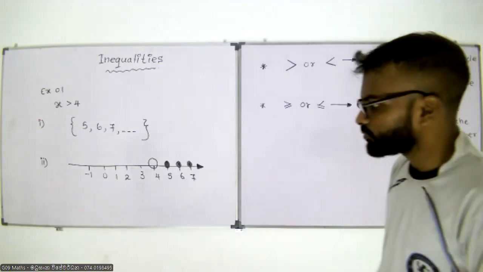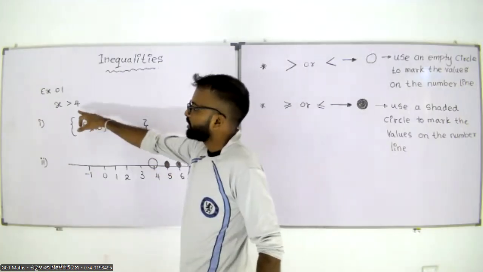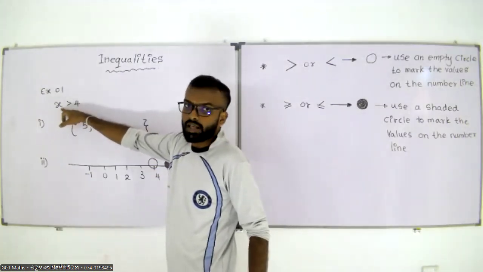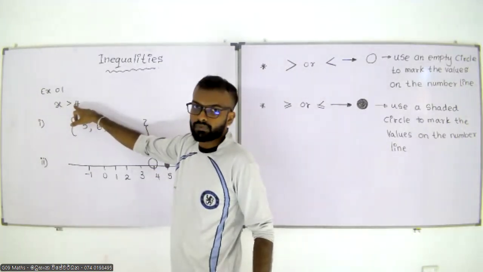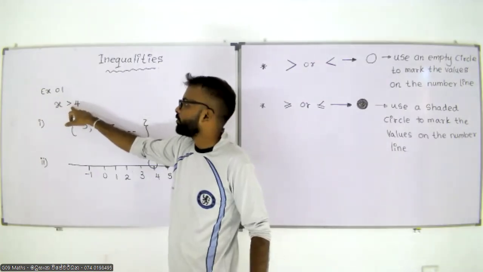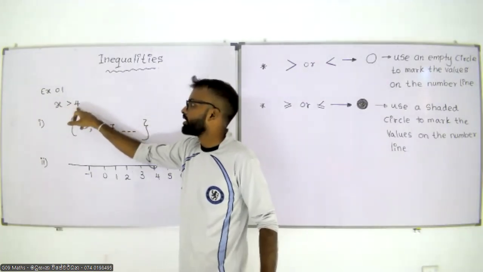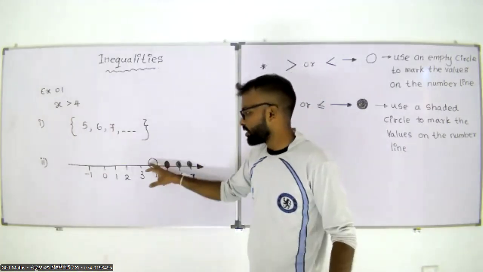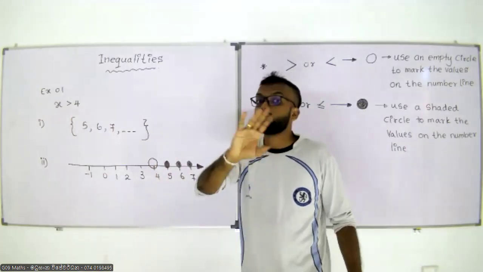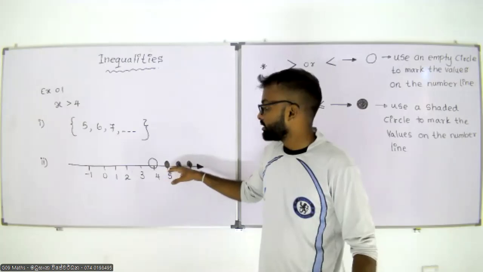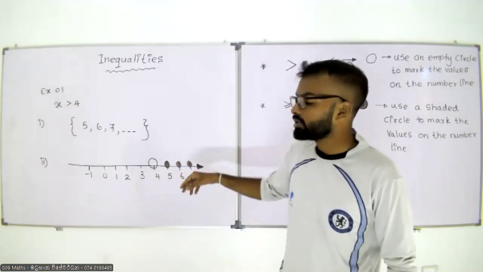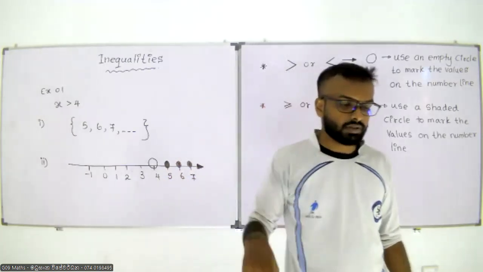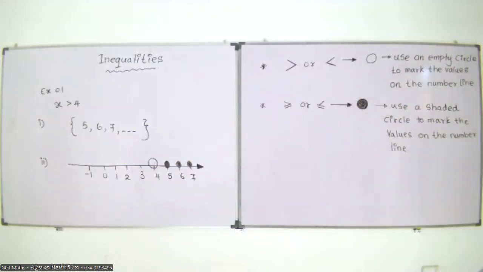It begins from an empty circle because x cannot be equal to 4. Here you have 4, and x is greater than 4, just an inequality, so you have to begin from an empty circle. You are not going to highlight it. Then the other solutions you have to highlight with a black dot or whatever colored dot. Alright.